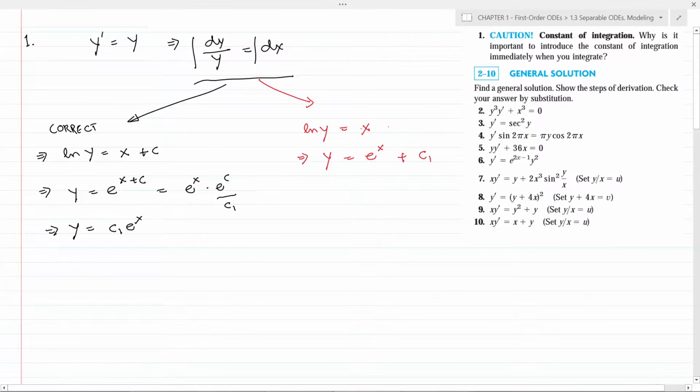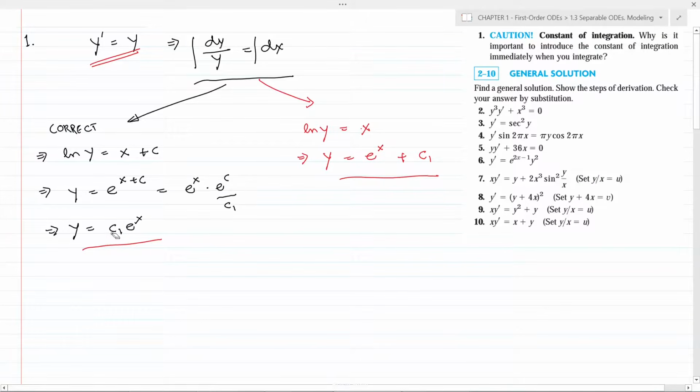We can see that we have got two different results here. Now we will substitute these solutions into the original ODE to check whether these are actually the solutions to the ODE or not.